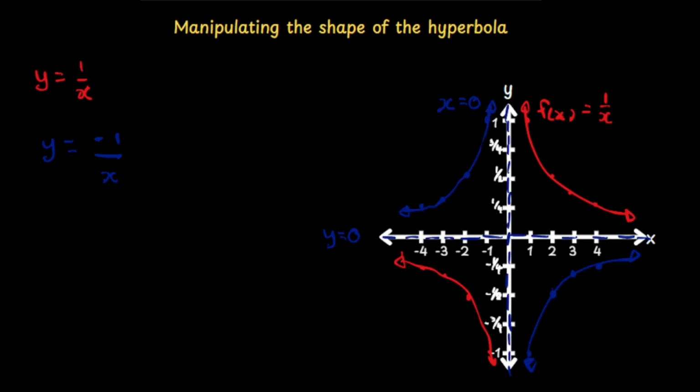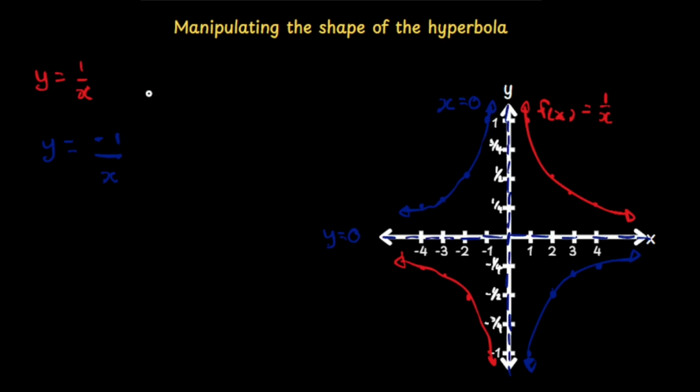Now, what I want you guys to notice is that when I have a negative number at my numerator, I will always get a hyperbola in the second and fourth quadrants. Okay, that's important. When I have a positive numerator, I would get a hyperbola in the first and third quadrants. So this is important when it comes to shape.